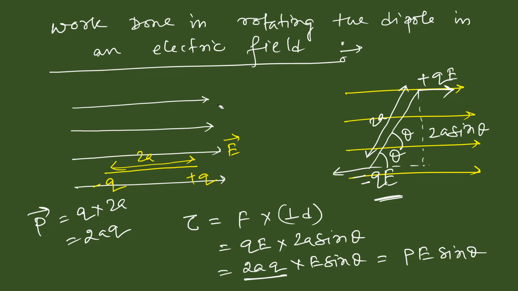Now in this case I'm not talking about any linear displacement. There should be some angular displacement. Angular displacement means what? Suppose these are my electric field lines, and if the dipole was initially like that, this is my minus q, this is my plus q, and the inclination angle is theta.